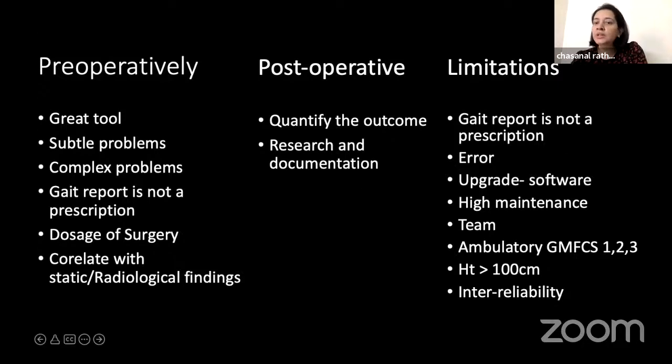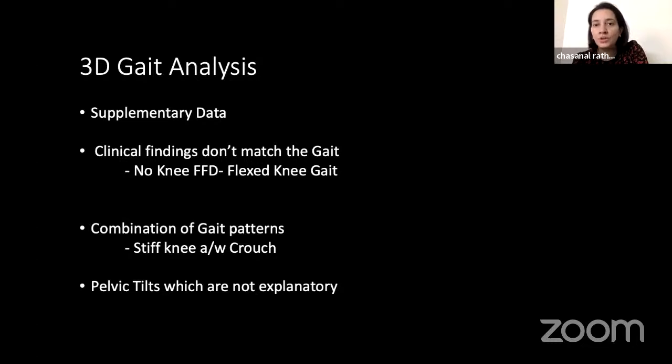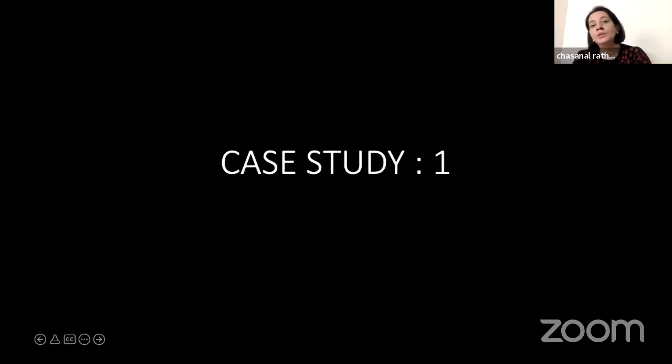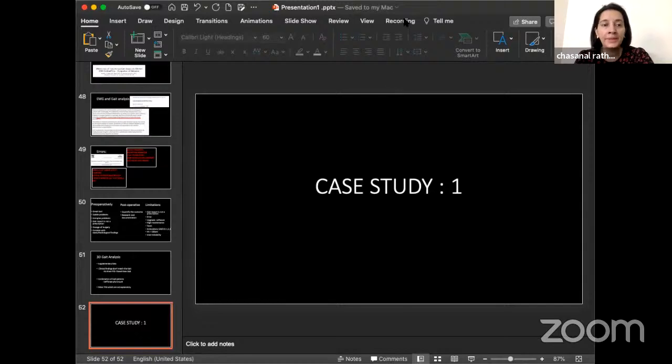And there are limitations, like I mentioned, that like every AI or everything related to technology has its own. But yes, it is a very good tool and it gives us a lot of information. So that's about gait in short, quickly.